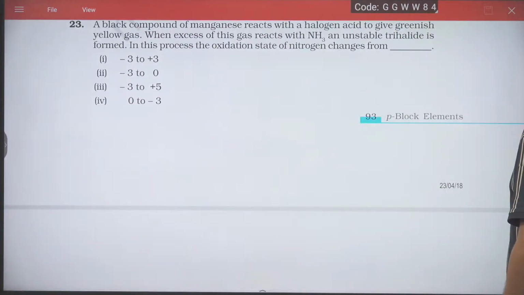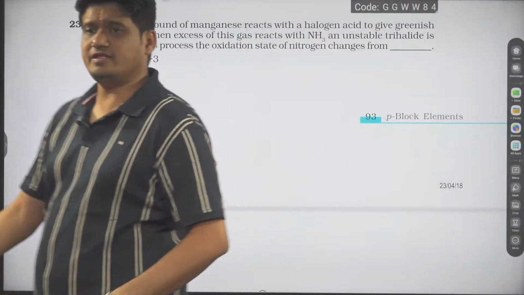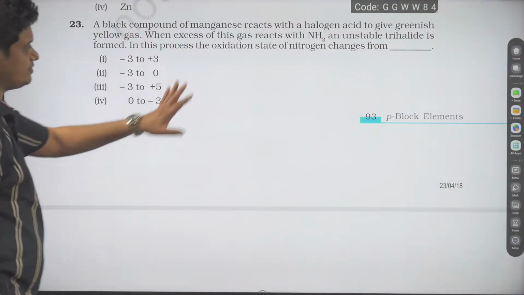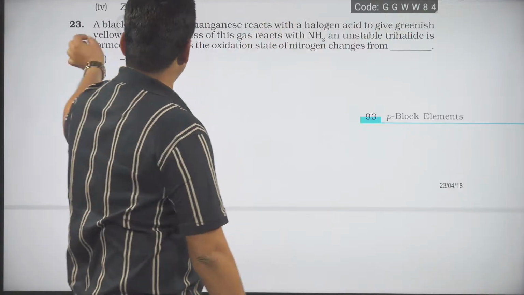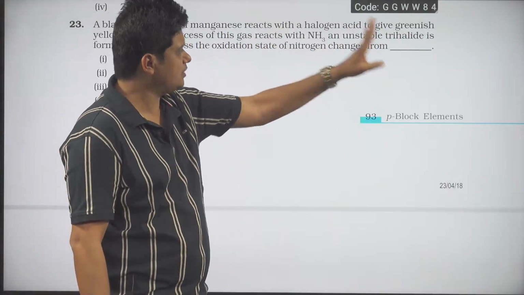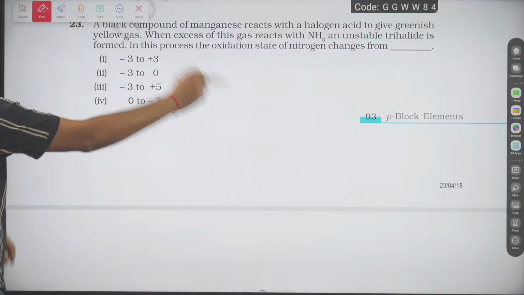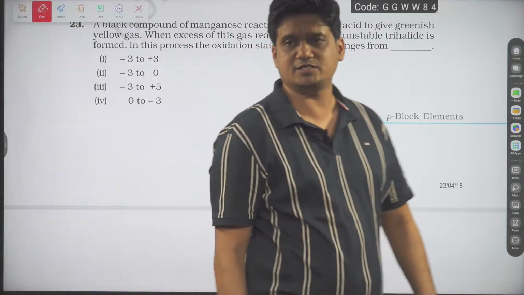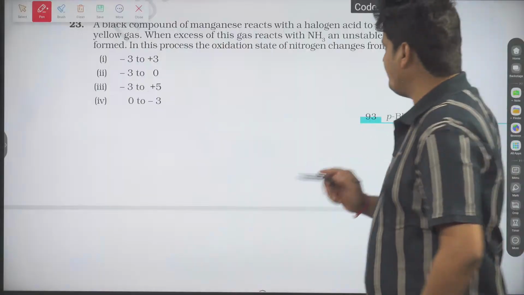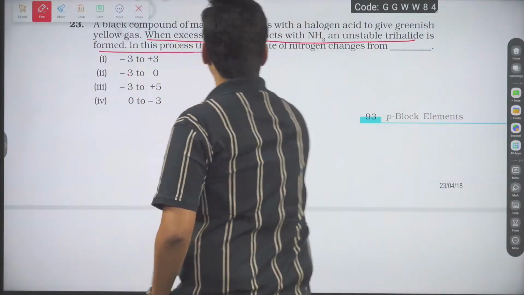Here, what is given there? A black compound of manganese reacted with the halogen acid to give greenish yellow gas. When excess of this gas reacted with NH3, unstable trihalide is formed. In this process, oxidation state of nitrogen changes from. So I will emphasize on this part for now.